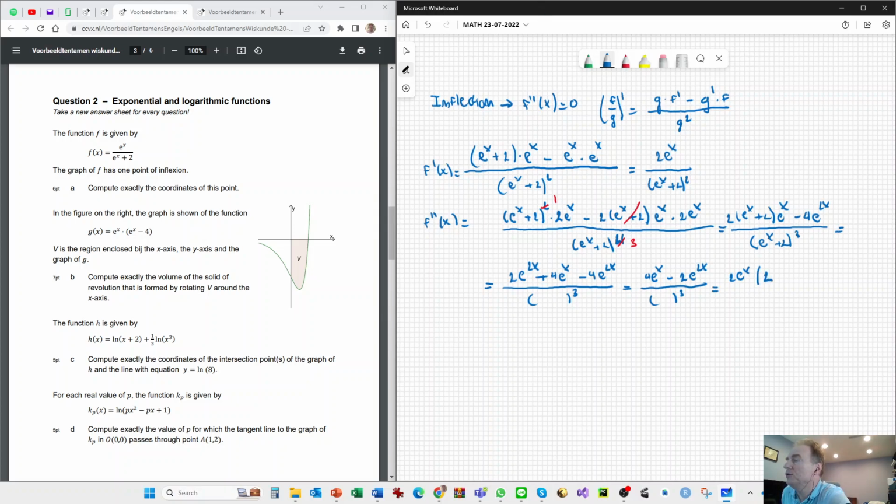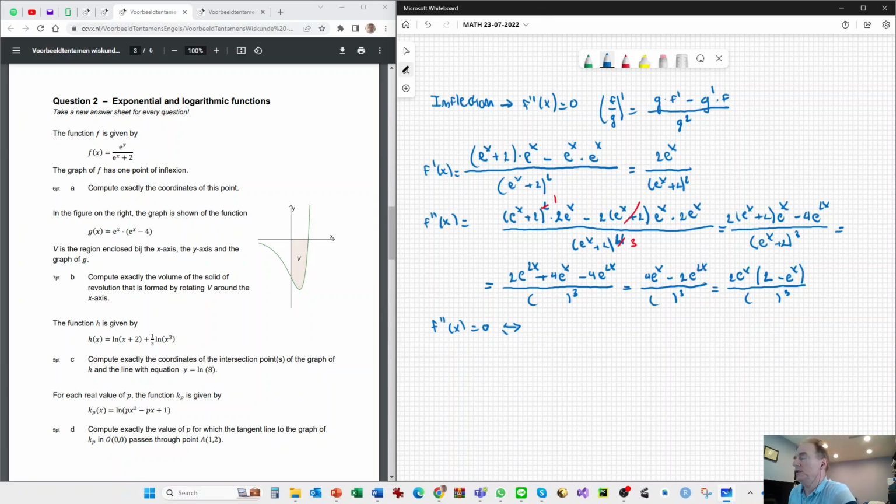I get a 2 and then a minus e to the power x. And this has to be 0. So f double prime is 0.